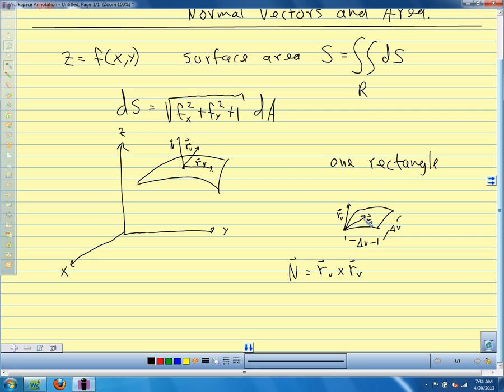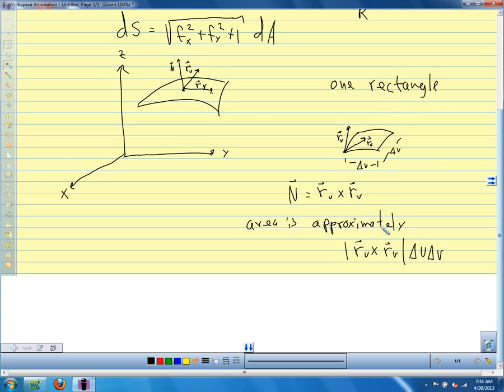So the little piece of area we said was approximately the magnitude of this cross product times delta u delta v. So when we form the cross product, that area is approximately this quantity.